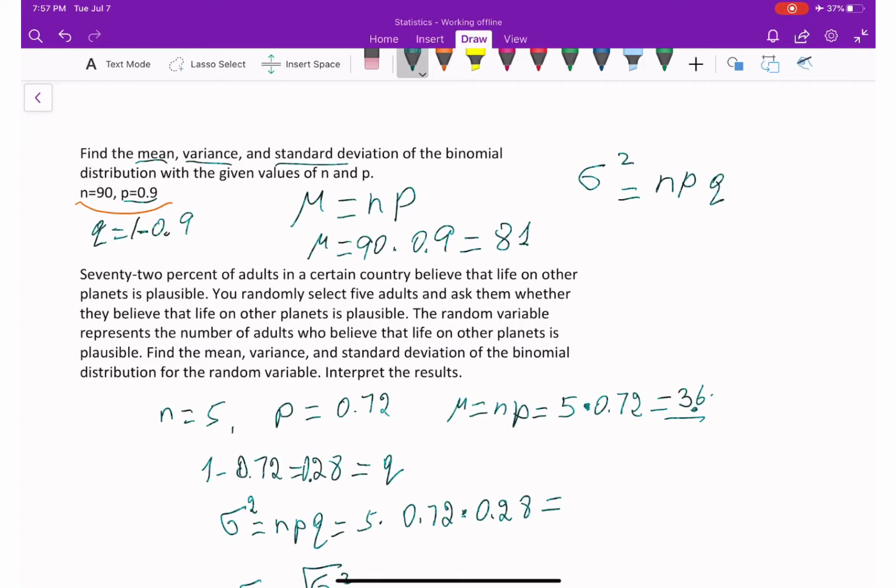Because q is a complement of p, which means if p is 0.6, q is going to be 0.4. If p is 0.8, q is going to be 0.2. Okay, so here it's going to be 0.1. All right, so sigma squared is equal, n is 90, p is 0.9, and q is 0.1.